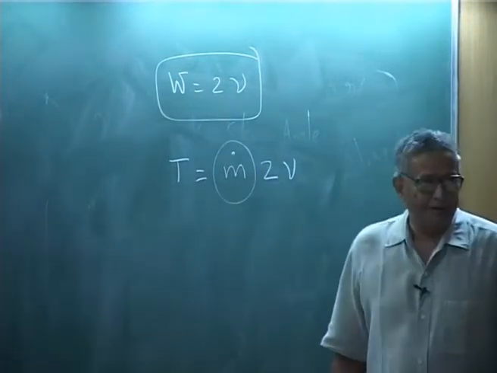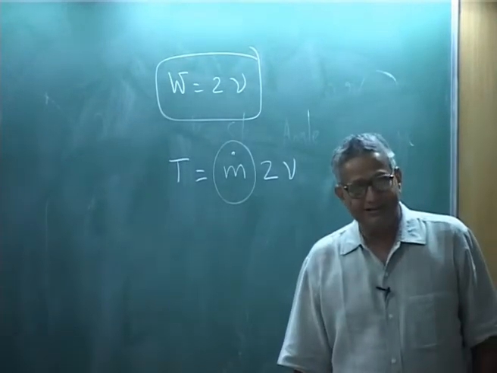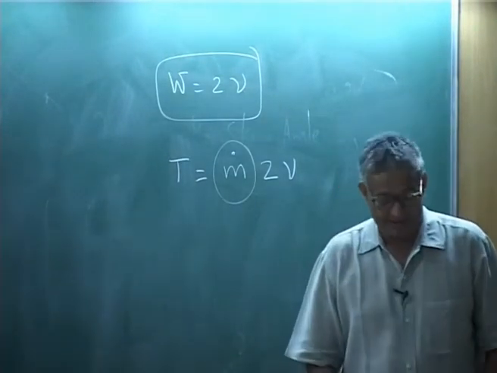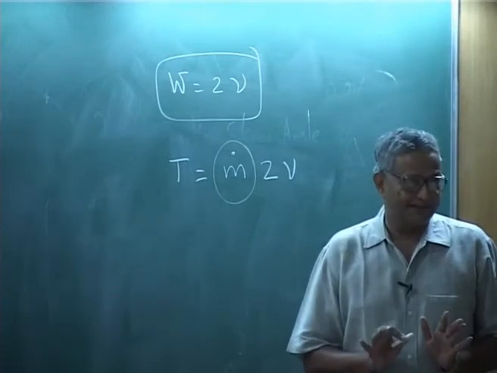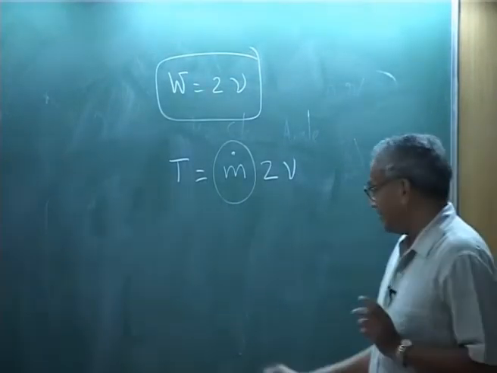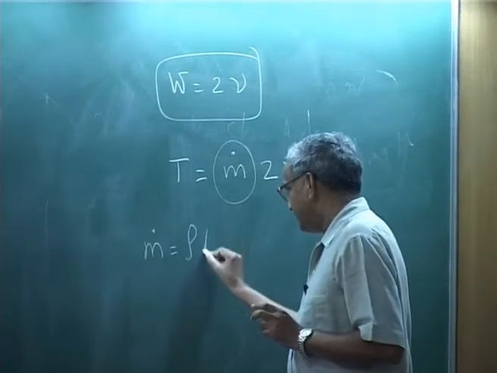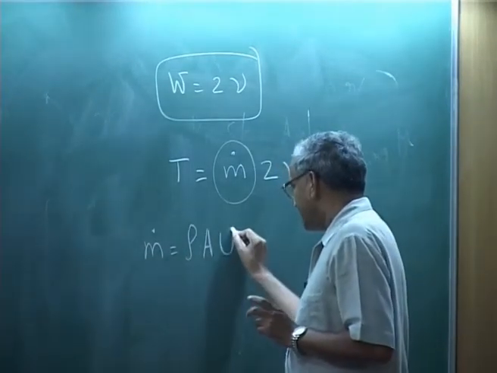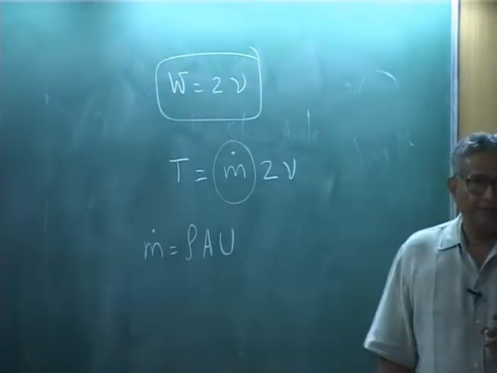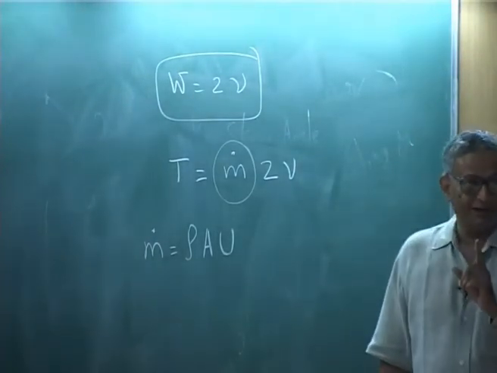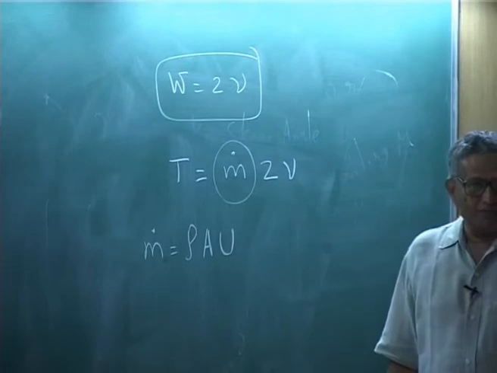Okay. M dot is the flow through the rotor disc, the mass flow rate, but this is where the approximation comes in.